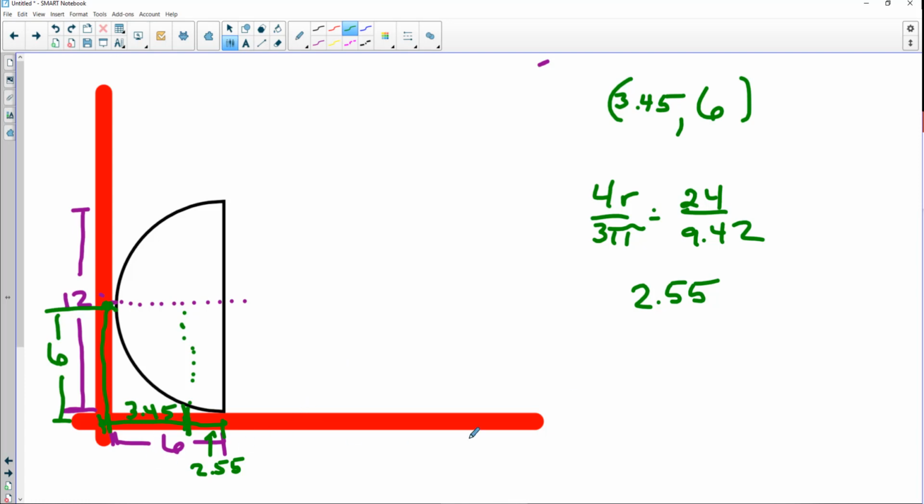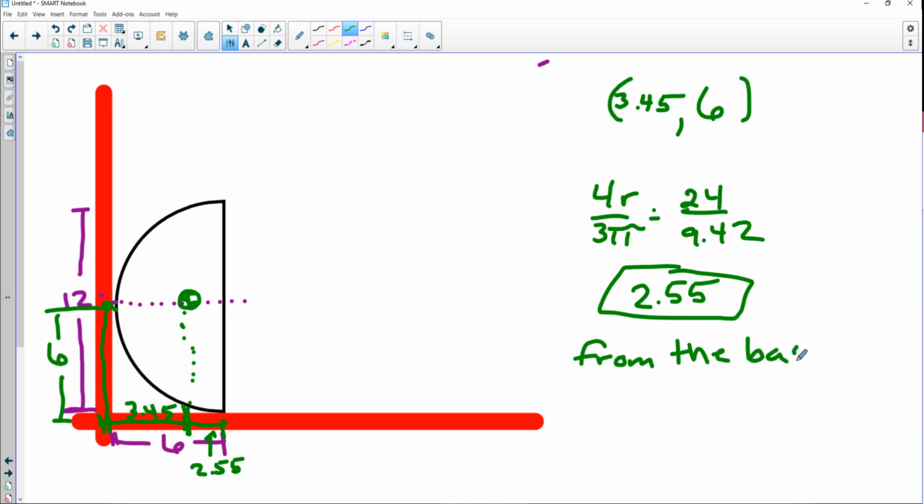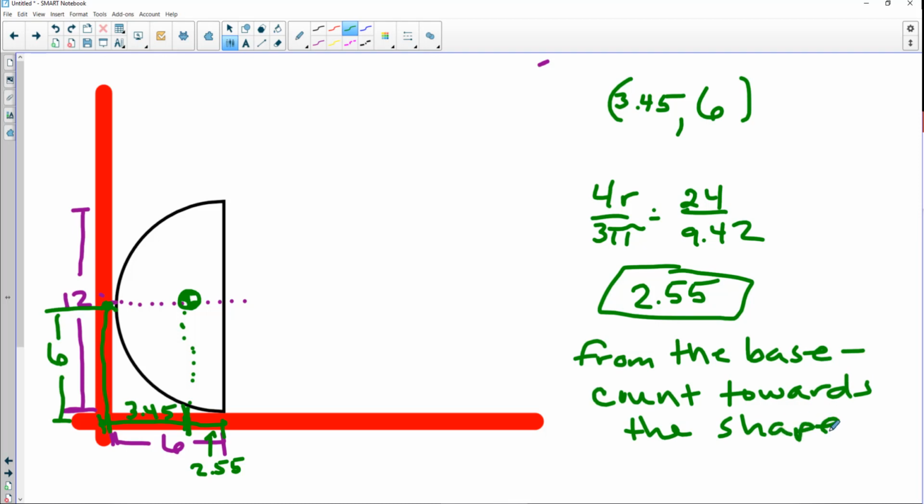The key here is to remember that on semicircles, when you use this formula, you're finding a distance from the base, counting towards the shape. So we start at the base and we go 2.55 in.